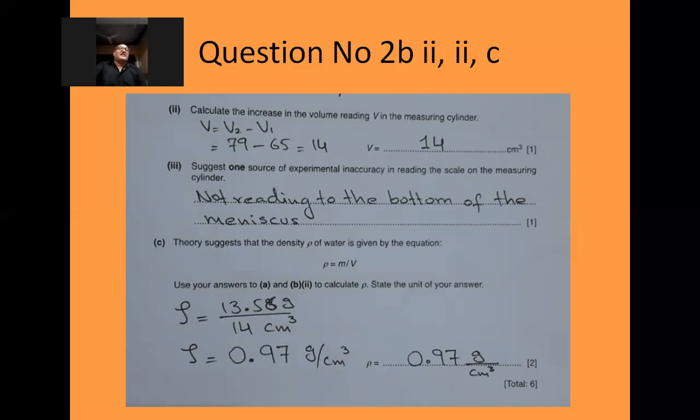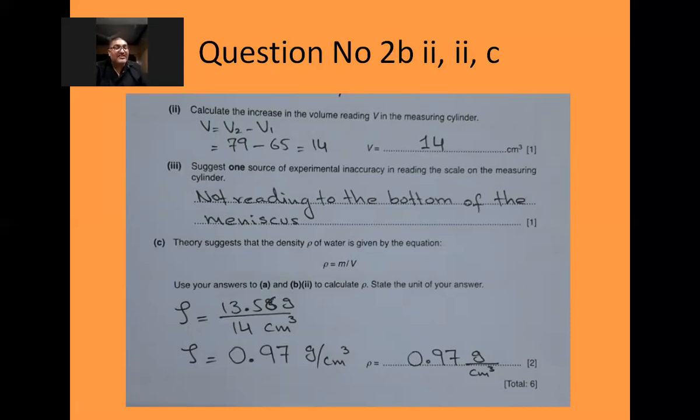Then the C part says theory suggests that the density rho of the water is given by the equation density equals mass divided by volume, or rho equals mass divided by volume. This letter is called rho, and it represents the density. Use your answer to part A and part B second part to calculate the density, and state the unit of your answer.